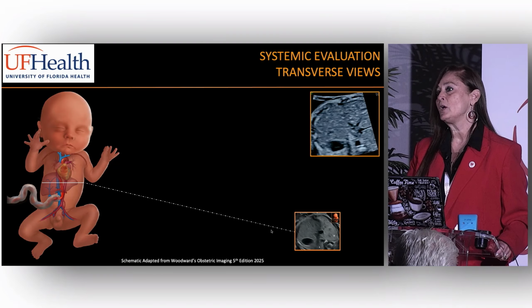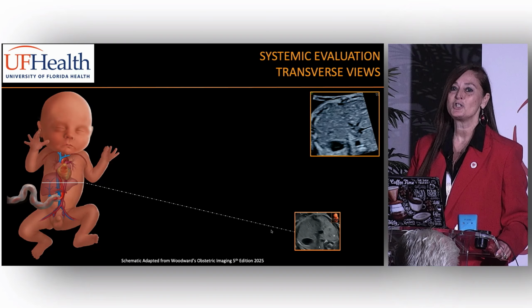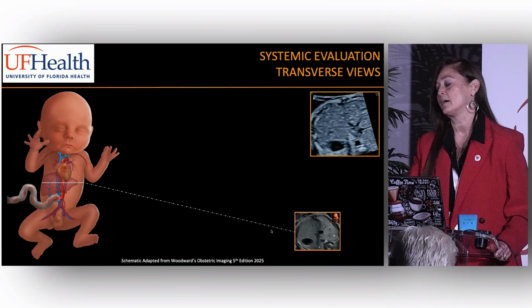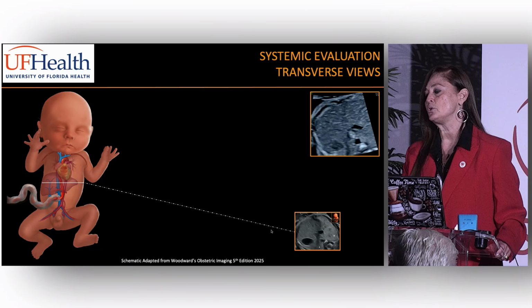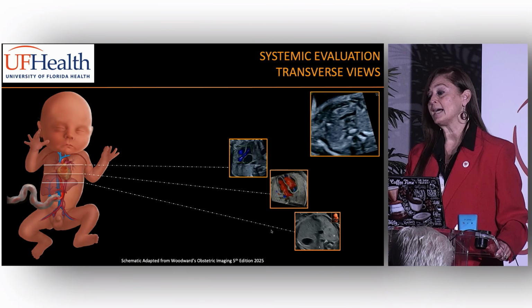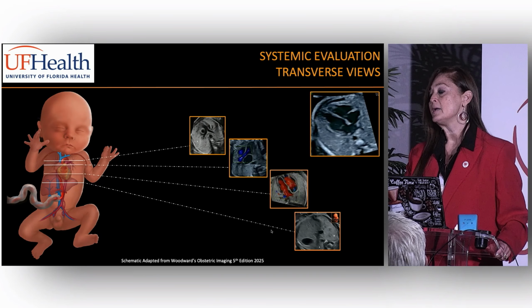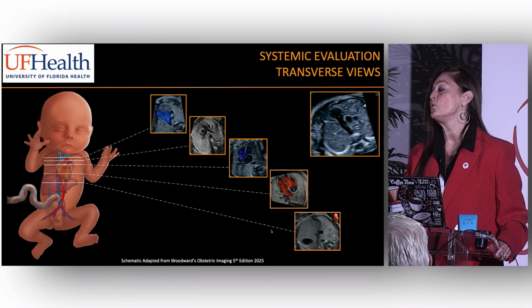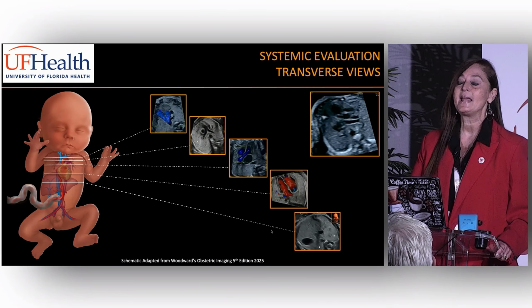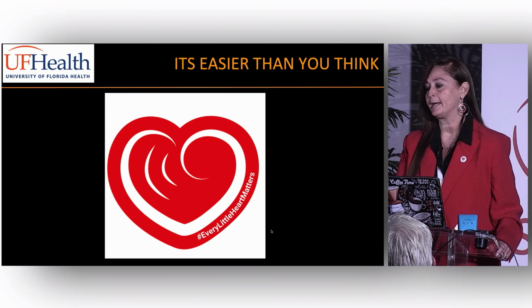And that takes training, of course, and pattern recognition as you look at more and more clips, but that is a great starting point. And so from there, as you sweep up, you will get to your four-chamber view. You'll see your left outflow tract first, your right outflow tract, and then you get to your three-vessel trachea view. And those are really the key planes in the ISUOG screening guideline.